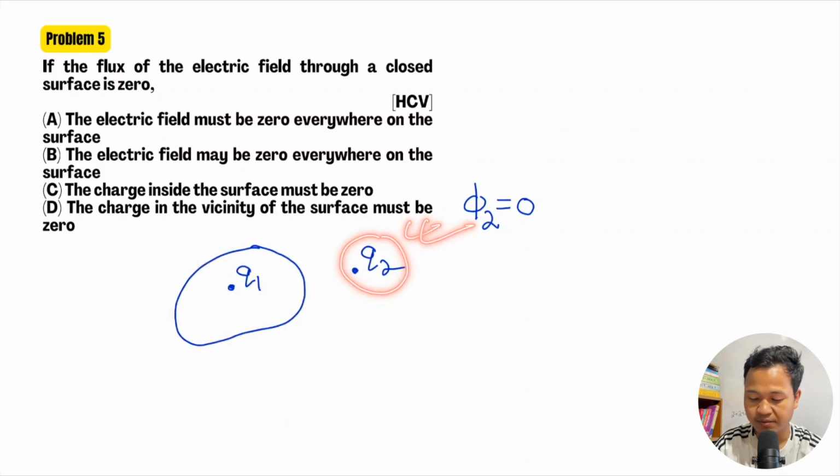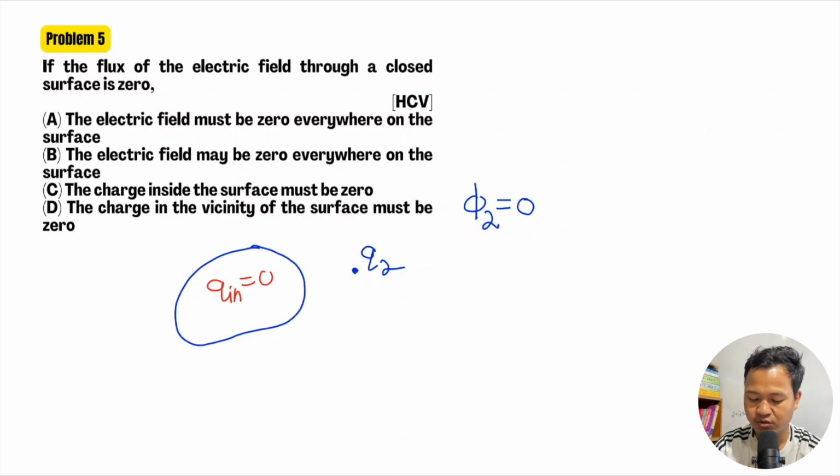A second case is when the charge is outside, then the flux will be zero. So there is one case when the flux is zero. If the charge is outside, then the flux will be zero. So flux zero means there is no charge inside here. q in is 0, so the flux is 0.